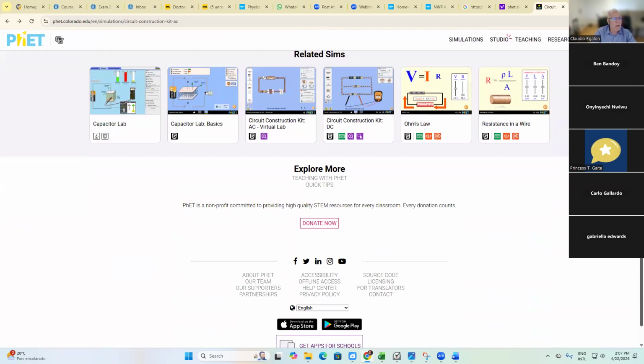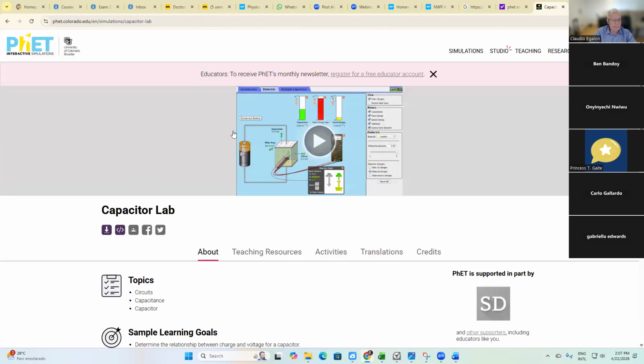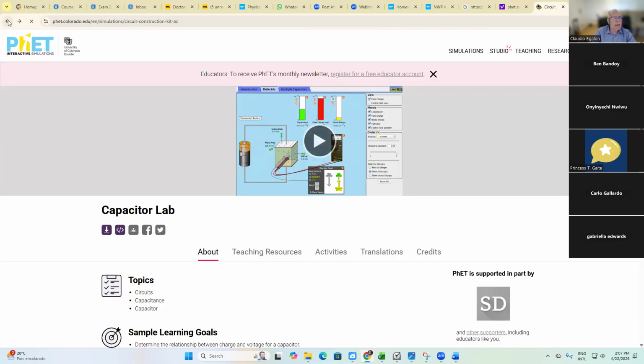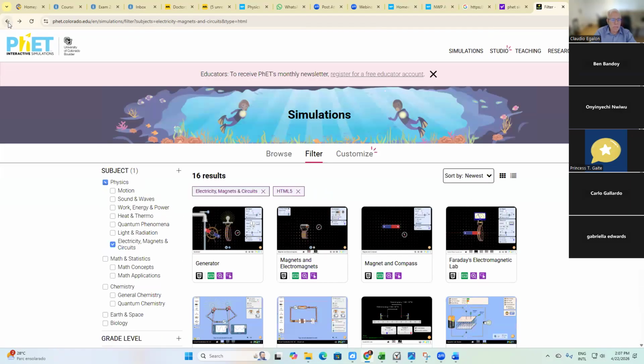Capacitor circuits, AC. This one seems to be DC, with a capacitor. But let's go back to that other page we saw.